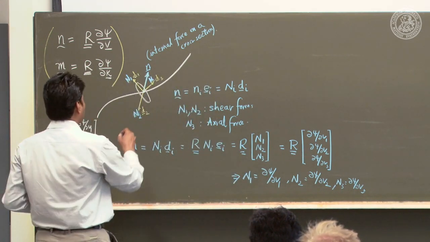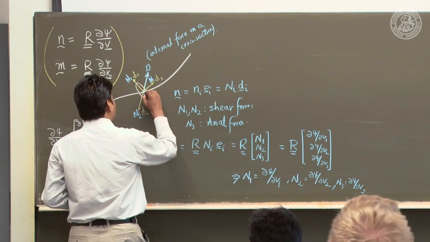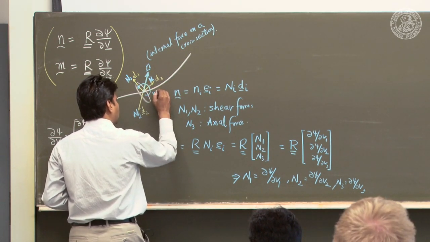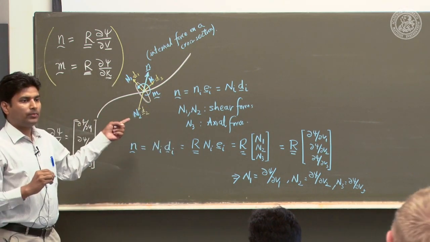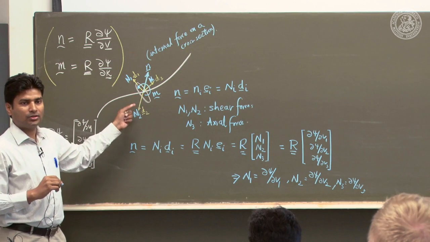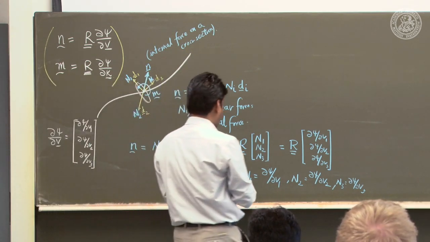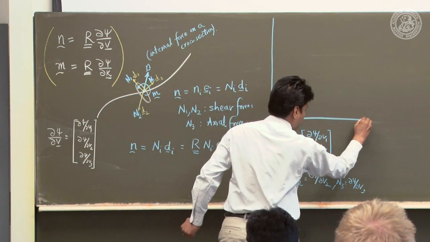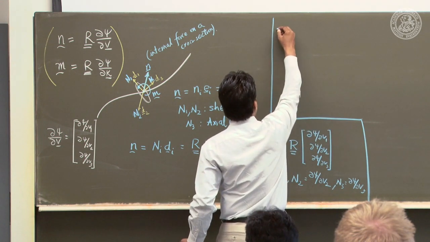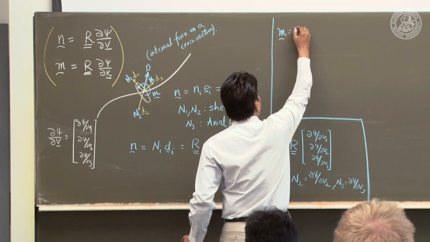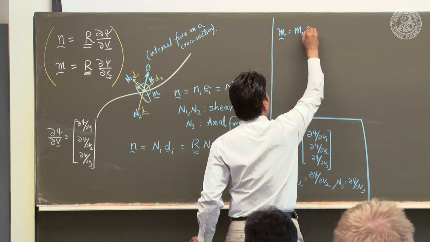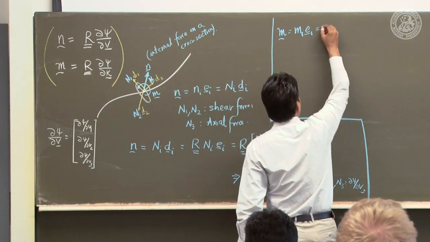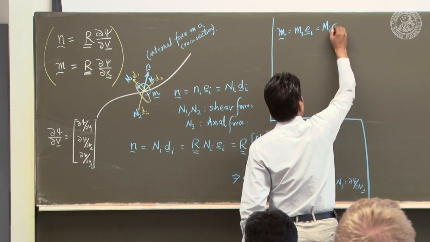Similarly, you could also decompose your moment here. So, if there is a moment m acting here, you could decompose that along the three directors d1, d2, d3. So m, either you write as small m_i e_i in the global coordinate system or in the local coordinate system with big M_i d_i.